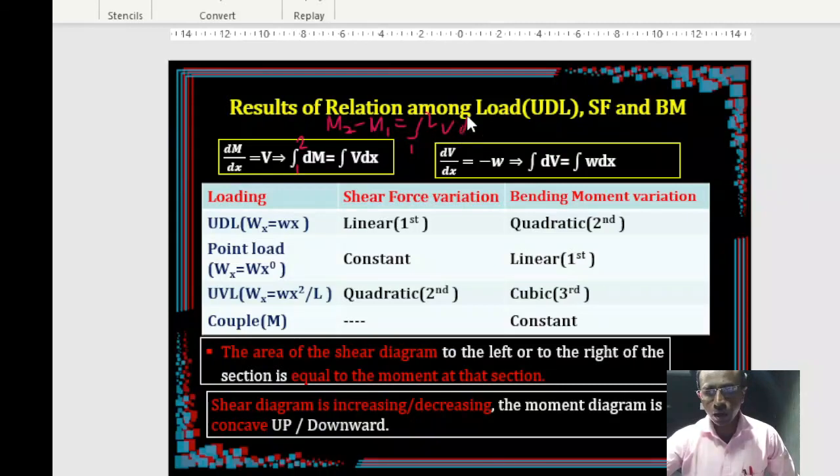This is one outcome of the relationship between the bending moment and shear force.